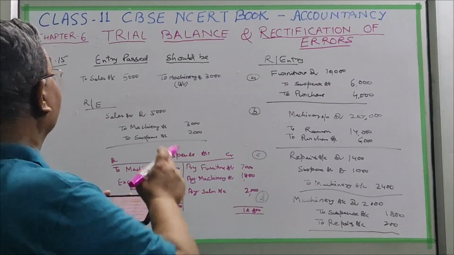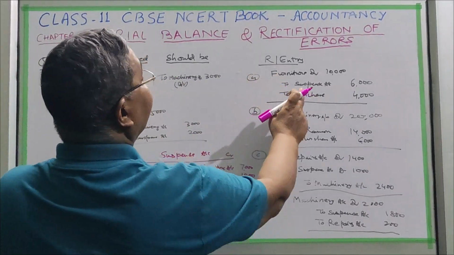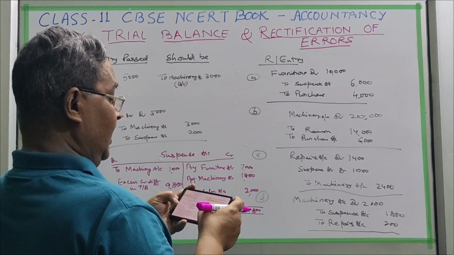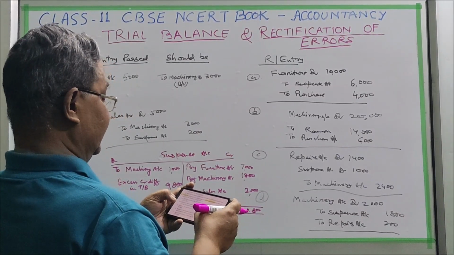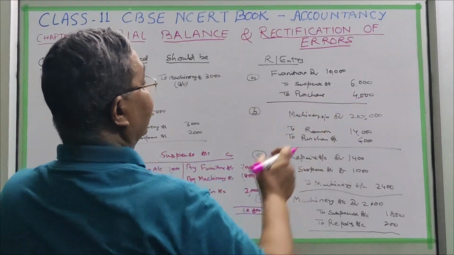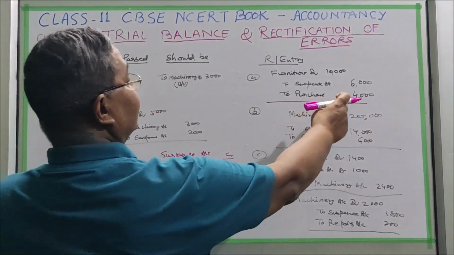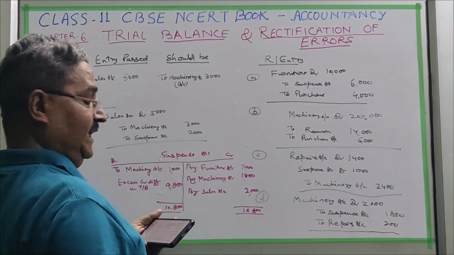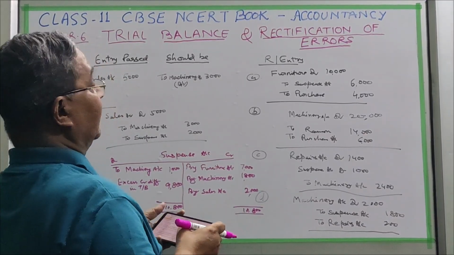Here, in the A number entry, furniture purchase 10,000 was wrongly debited to purchase account as 4,000. Purchase account was posted as 4,000. Previously I had written 3,000, so that was incorrect. In the question it is 4,000.